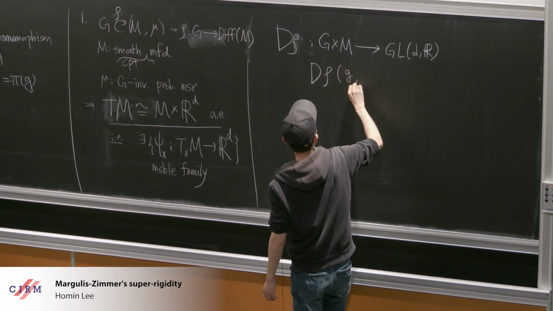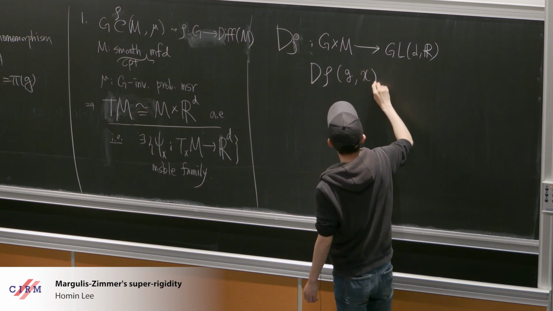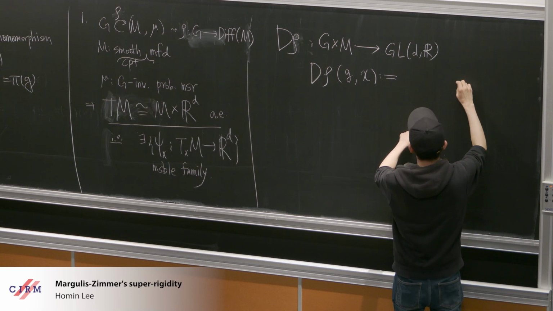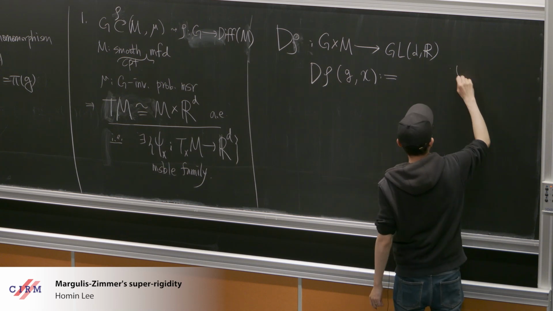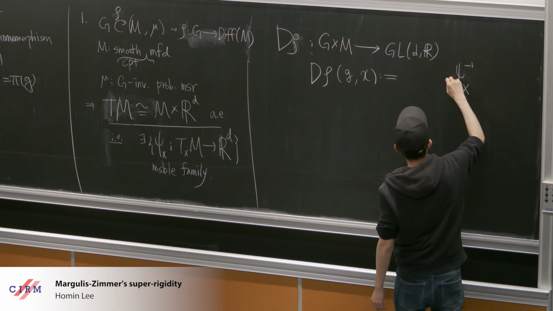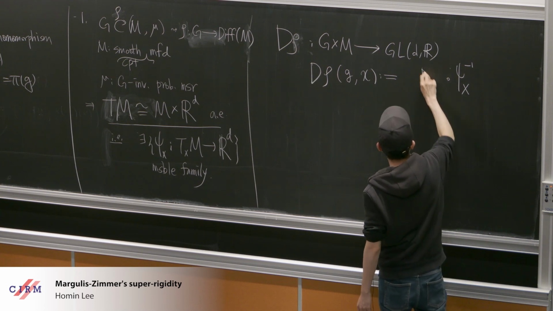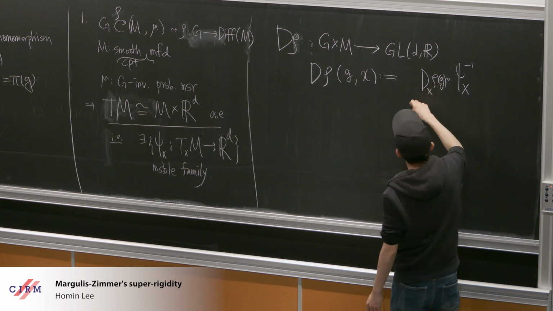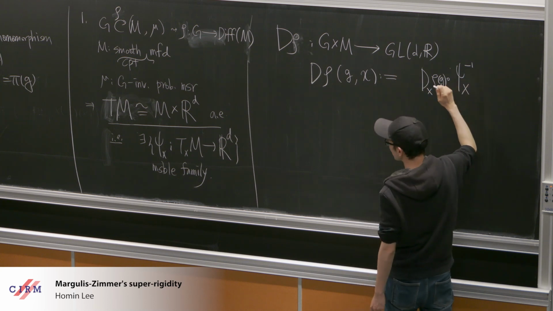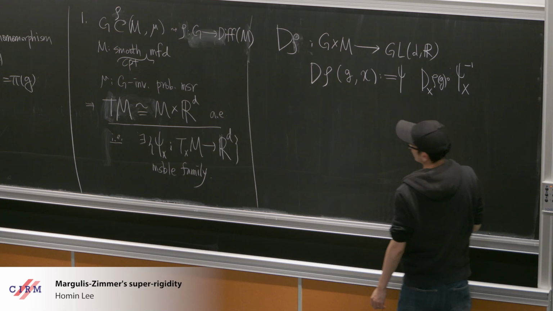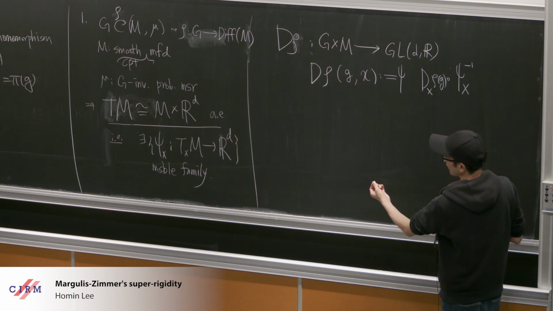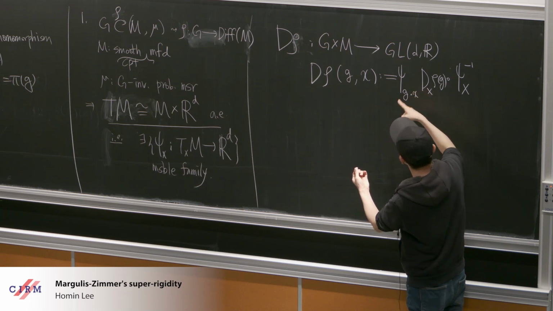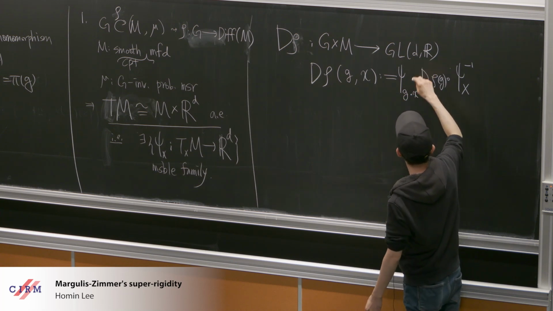I want to define the rho of G, x as phi at G x inverse composed with the derivative of rho G at x, and then composed with phi at x.